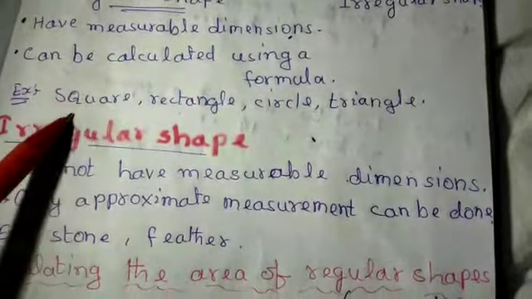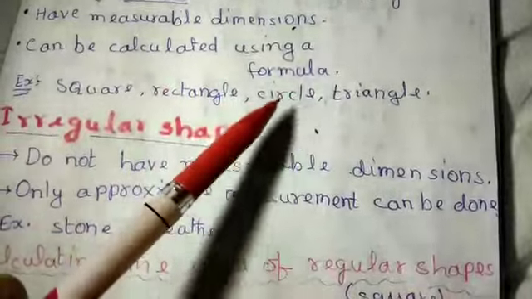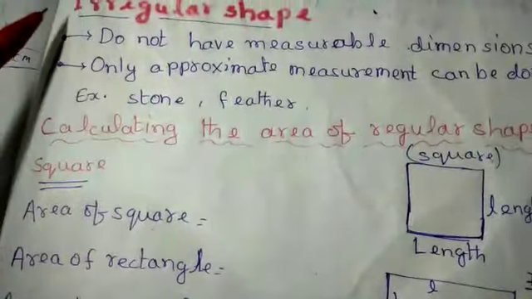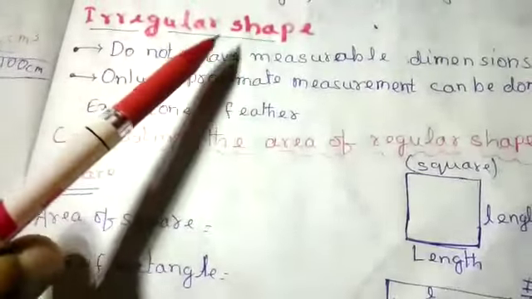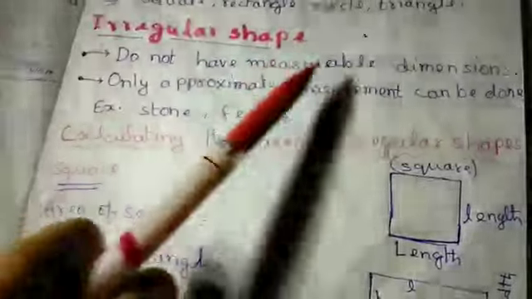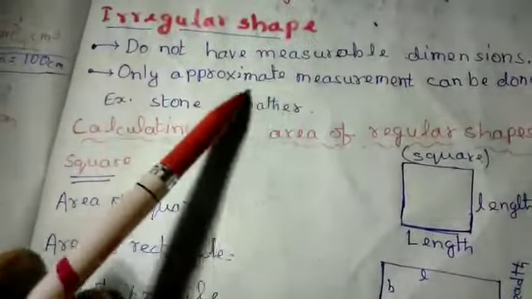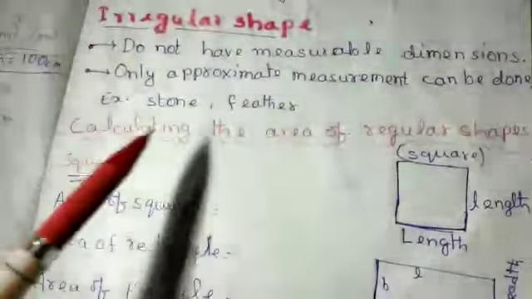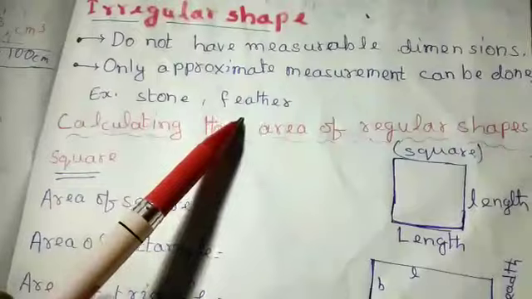Example: square, rectangle, circle, triangle. An irregular shape does not have measurable dimensions; only approximate measurement can be done. Example: stone, feather, etc.